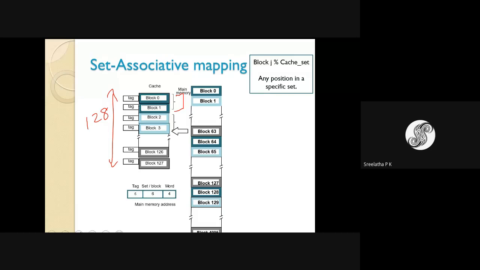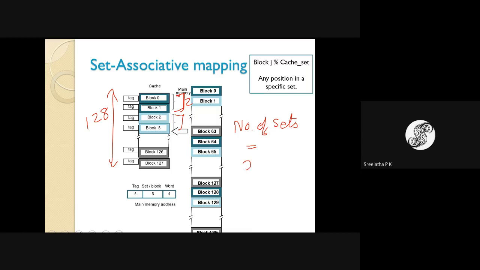So how many sets are there in cache memory? Can anyone tell me the total number of sets? This is set 1, this is set 2. 128 total blocks, grouped into 2. So how many total sets are there?